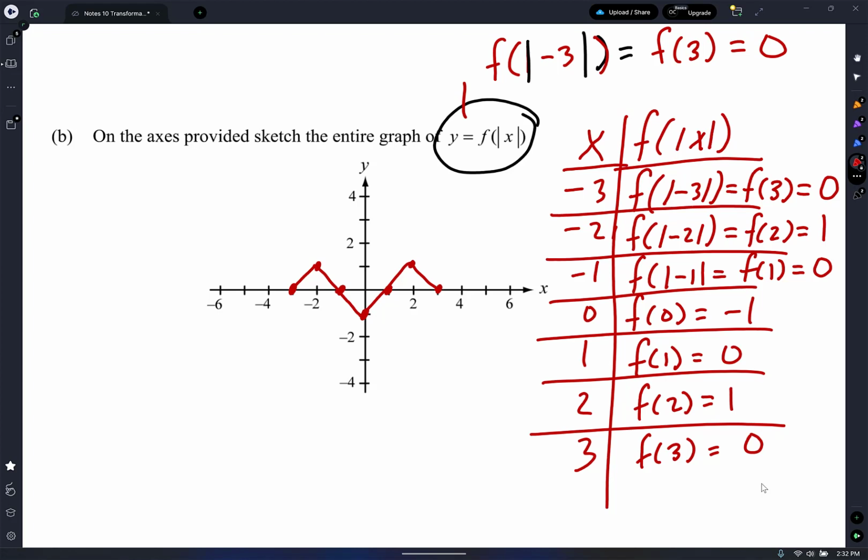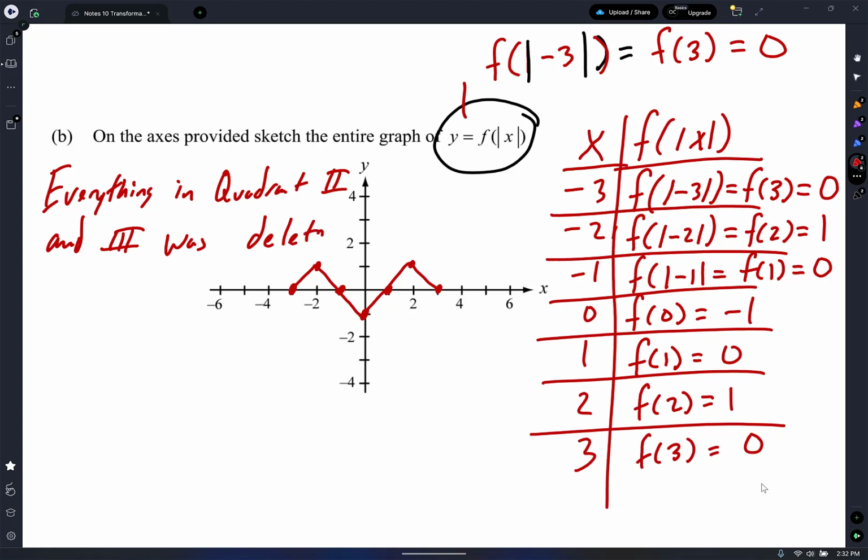So I'm going to put everything in quadrant 2 and 3 was deleted, comma, quadrant 1 and 4 is "mirrored."